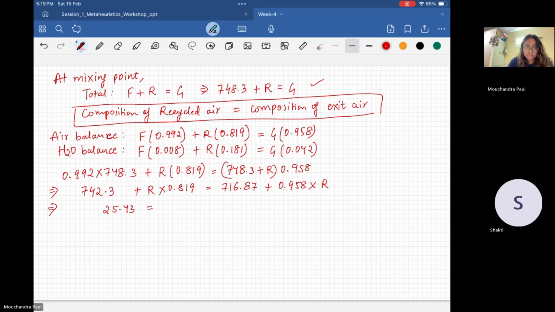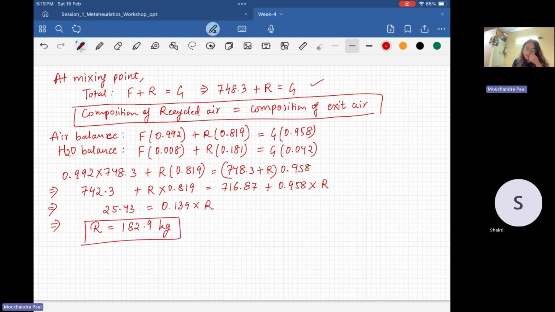So R, or the recycle rate, is 182.9 kgs. Okay, so there you go.